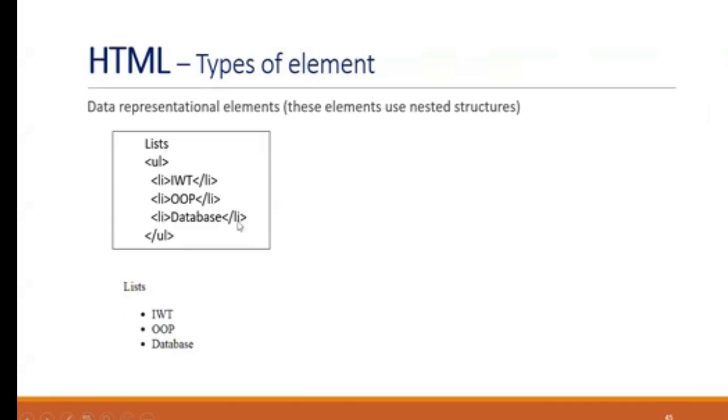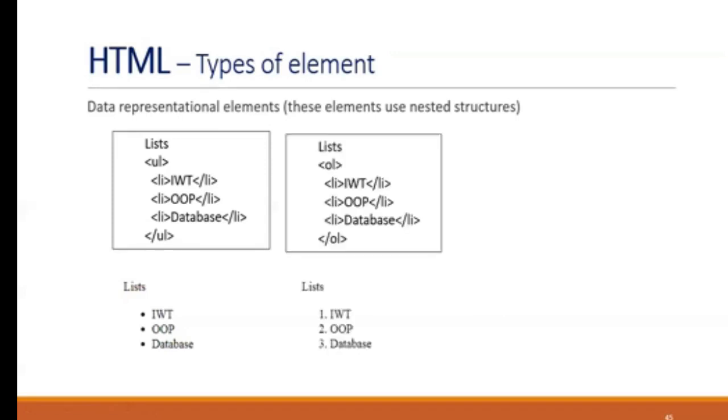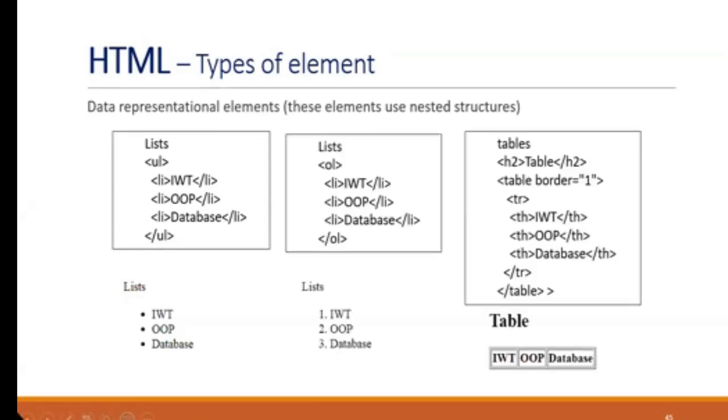Then you close UL. So when you're writing this code, first you write start UL, close UL, then you press enter, then you type LI and close LI, and only then you type the content in the middle. If you practice that way, you won't miss any element when you are writing the code. So there are different ways of having these elements. If you want dots, you can use UL LI. If you want numerical values, you can use OL LI, right?